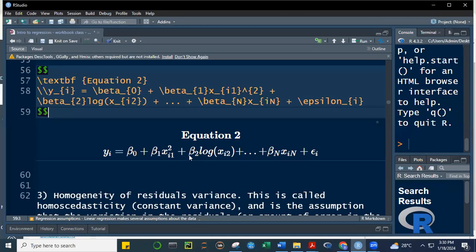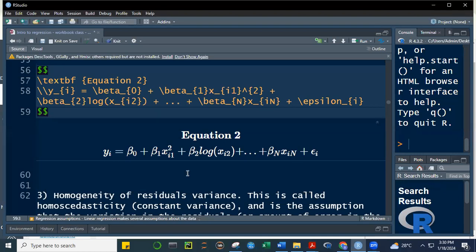Our two conditions: assumption number 1, the relationship of x and y should be linear. Second, linear in parameters. This means that when you craft the equation, beta cannot be squared, or square-rooted, or logged, or 1 over square root of beta.